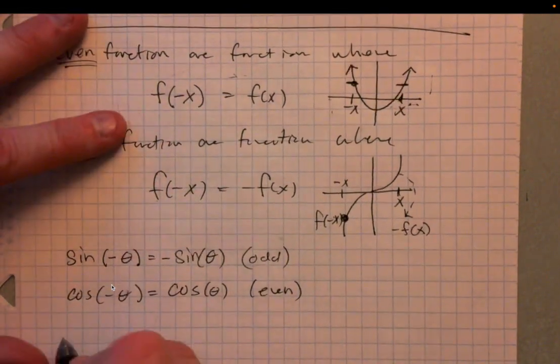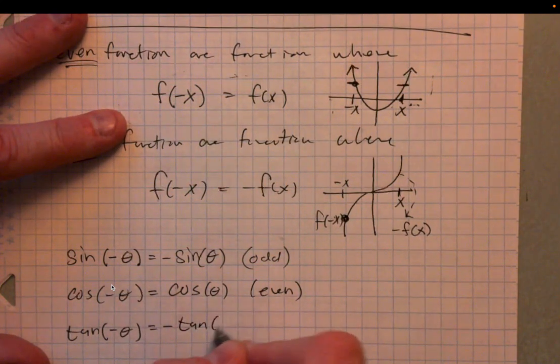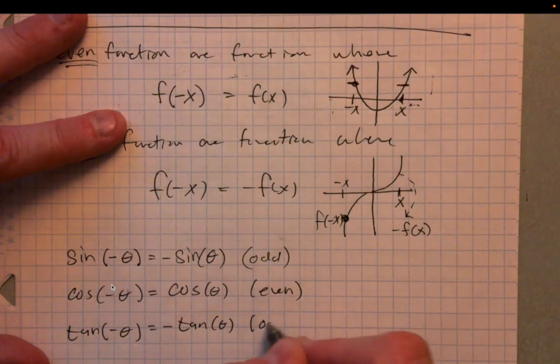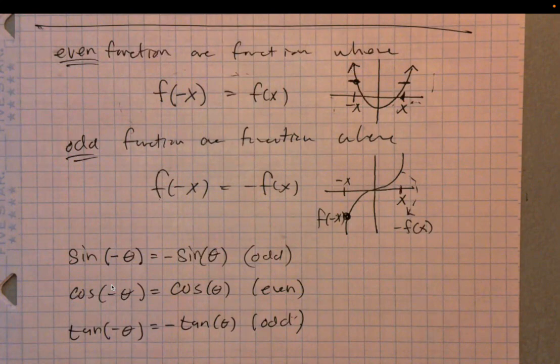And then the tangent of negative theta is equal to the negative tangent of theta, so it's odd as well. So the sine and tangent are both odd, and as you can imagine, so therefore are cosecant and cotangent, since they're just the reciprocals. And then the cosine is even.